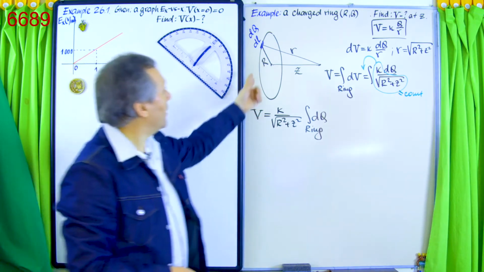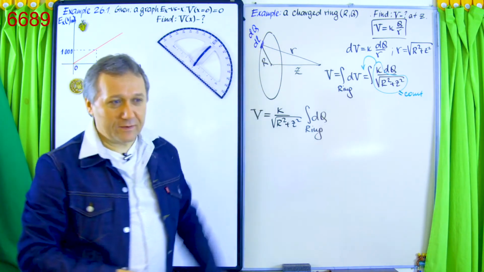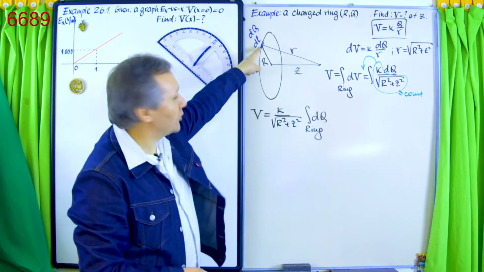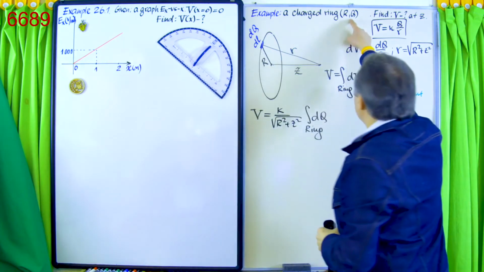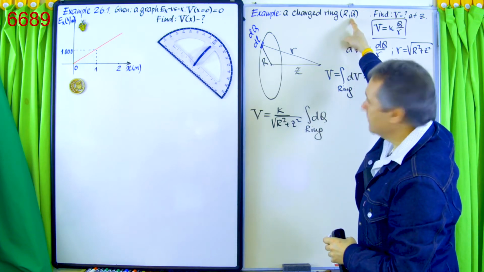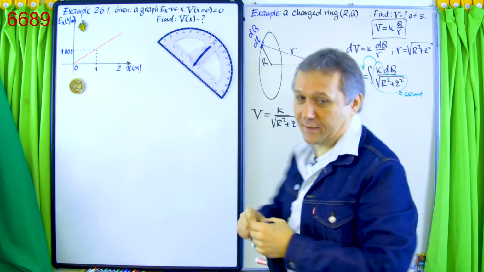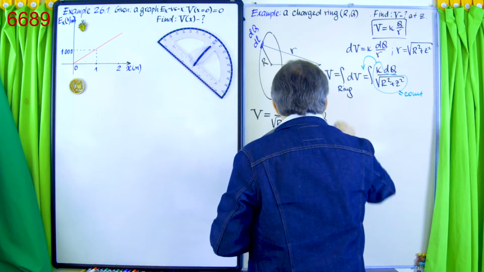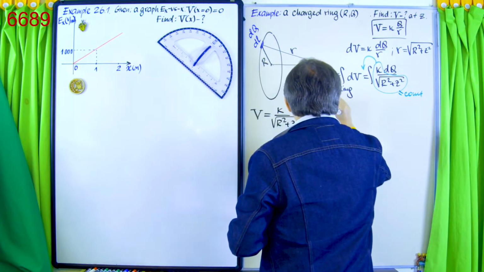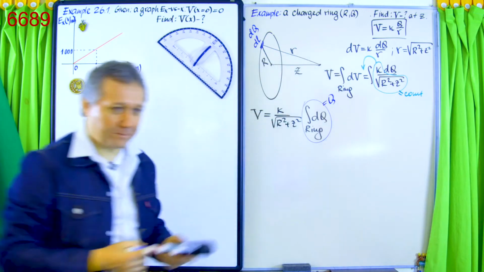Of course, when you complete the motion and come back to the beginning, you will end up with the total charge of the ring, right? So this is equal to Q capital.